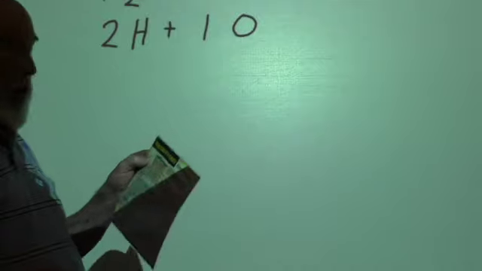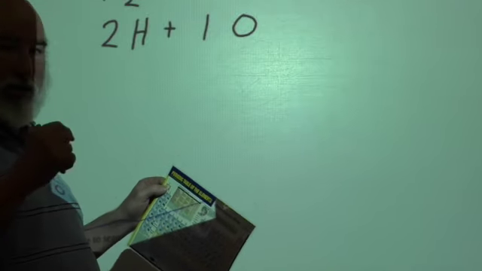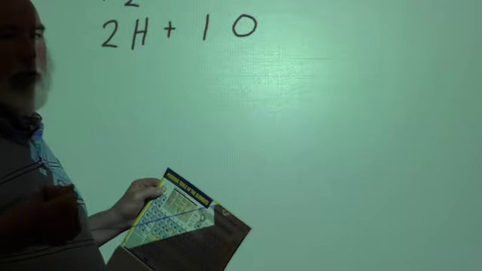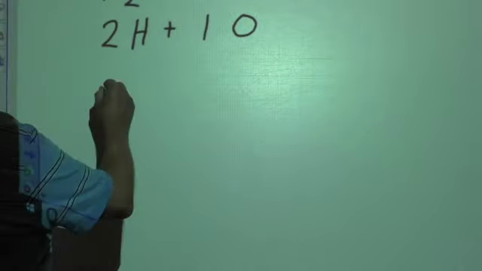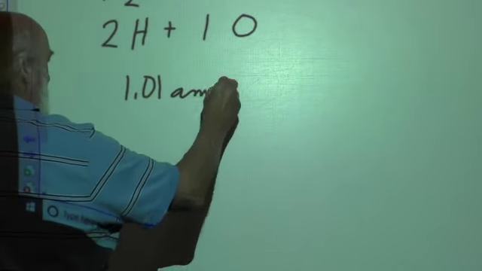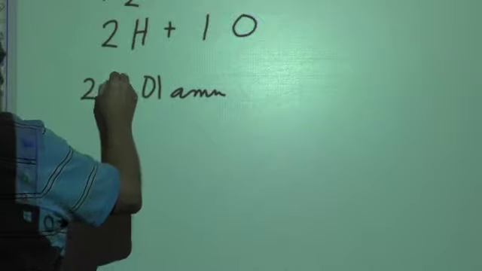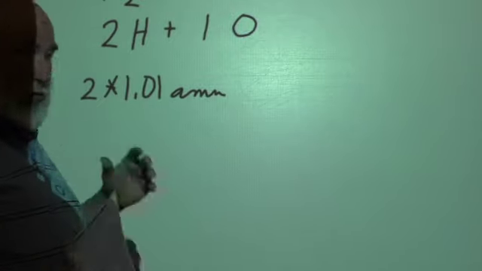So for this, it says 1.00794. The 3rd significant figure is the 2nd 0. The number next to it is a 7. So that kicks that 0 up to a 1. So this is going to be 1.01 AMUs. And there's 2 of them. So it's going to be 2 times 1.01 AMUs.